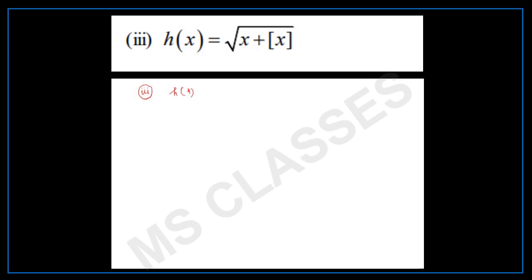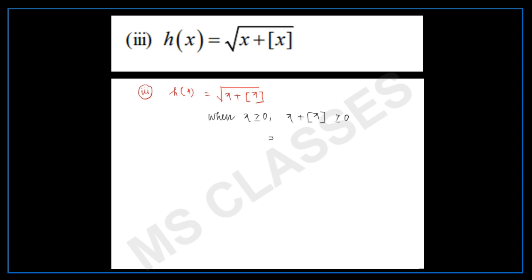h(x) equals under root of x plus box x. Now it is root over of x plus box x. That means here the input can be 0 also. Why? Because if x is 0, then the whole thing will be 0. In this case, when x is greater than or equal to 0, x plus box x is greater than or equal to 0.